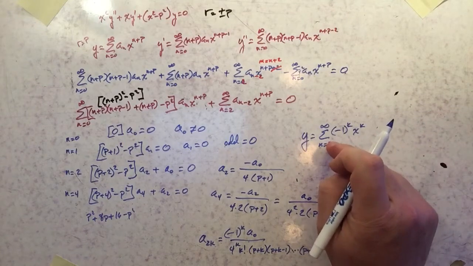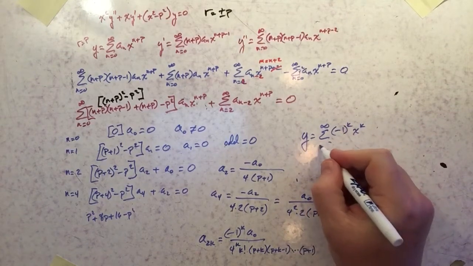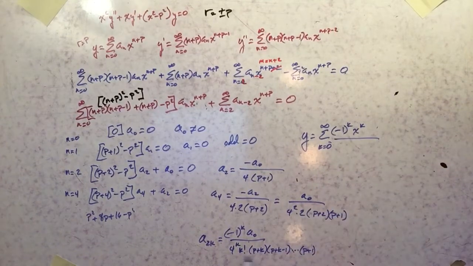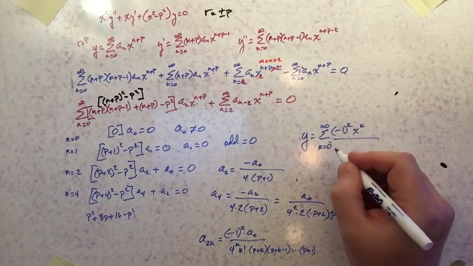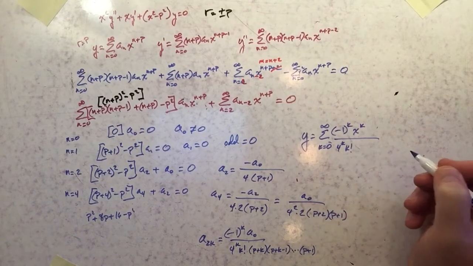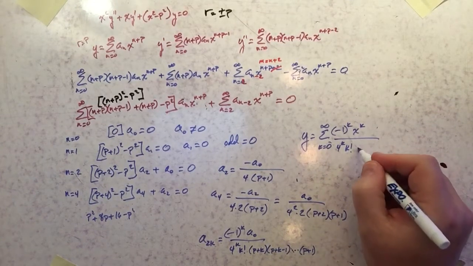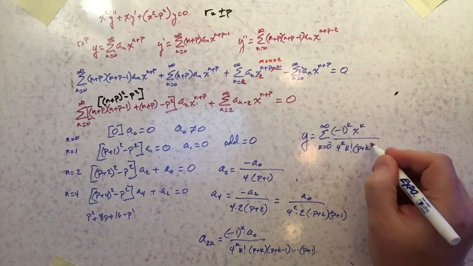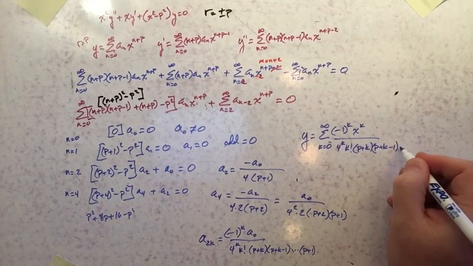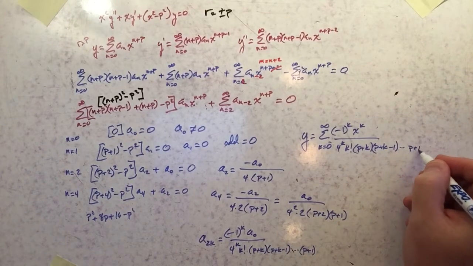Oh, excuse me. It's k equals 0 to infinity, because here come the two k's. So we've got then 4 to the k, k factorial, and then this weird (p plus k) times (p plus k minus 1) all the way down to (p plus 1).